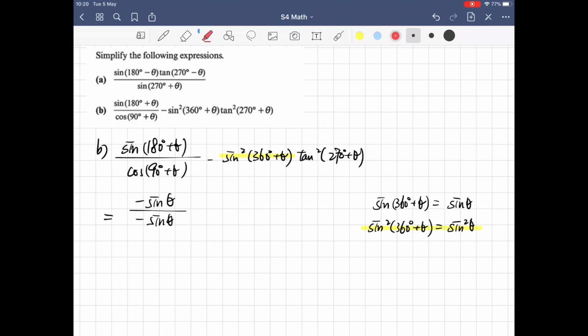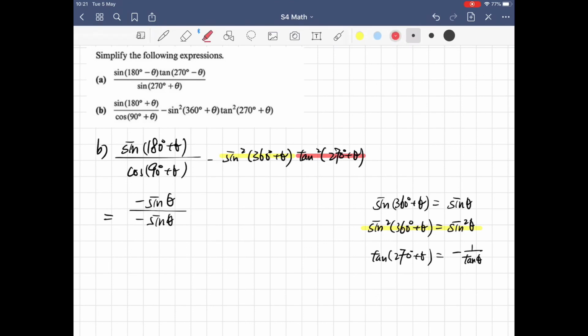Then we will consider tangent square 270 degree plus theta. Again, we will first consider tangent 270 degree plus theta, and it will become negative 1 over tangent theta.